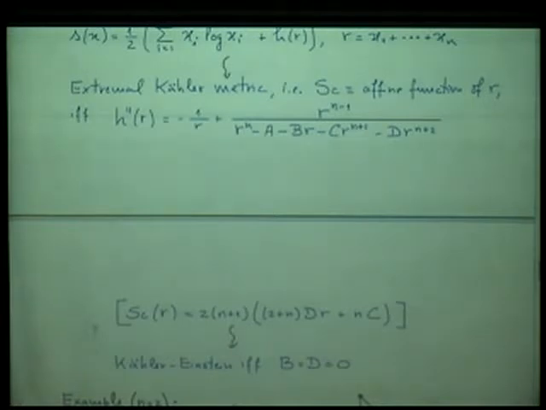And given a Hirzebruch surface and a Kaehler class on a Hirzebruch surface, he showed what are the values of A, B, C, and D that give you an extremal Kaehler metric on that smooth Hirzebruch surface. And those were the formulas that you see in those pages, which he did by hand, completely explicit.